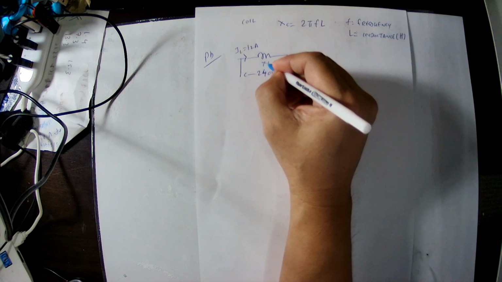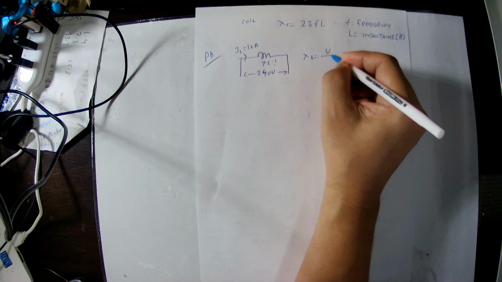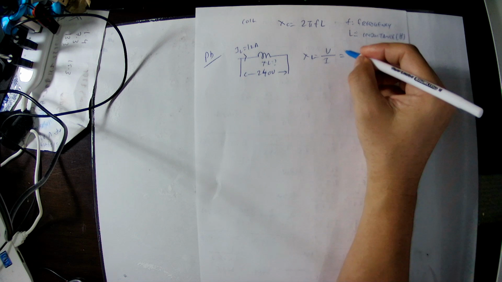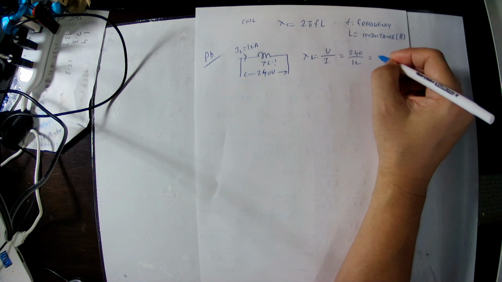XL can be calculated as voltage divided by current. Voltage is 240, current is 12, so you get 20 ohm. So this is the way we calculate it.